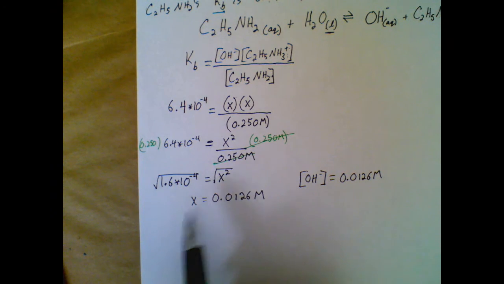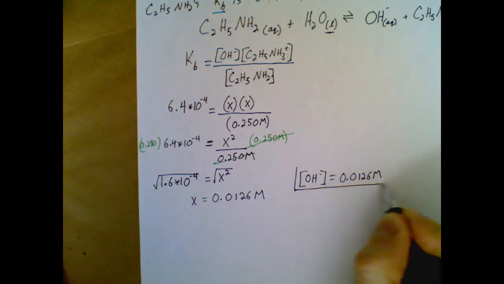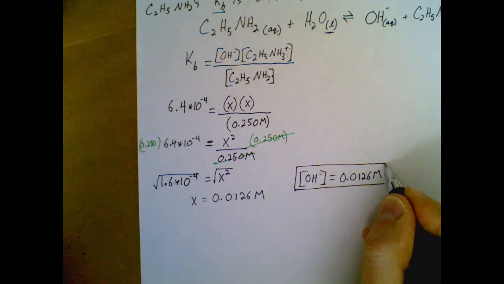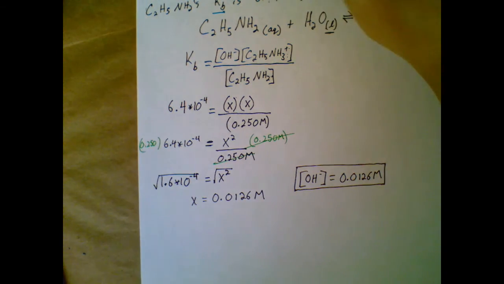In reality, you should do a quadratic for this equation. But let's be real too, we're doing grade 12 chemistry. We're not trying to make things super complex. But if you actually wanted to know the real answer, you could plug this into the quadratic equation and solve for it.